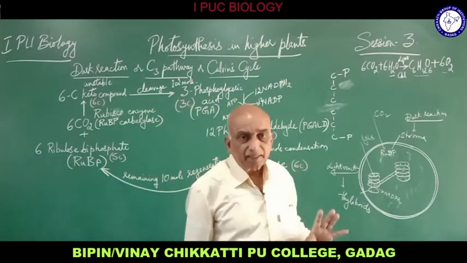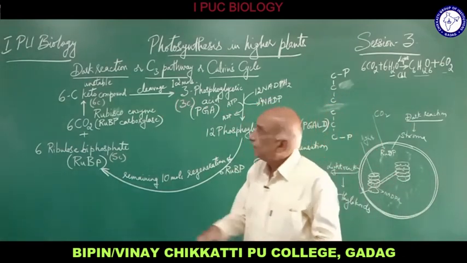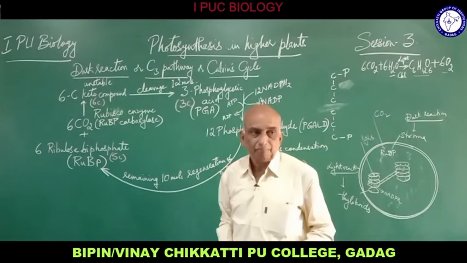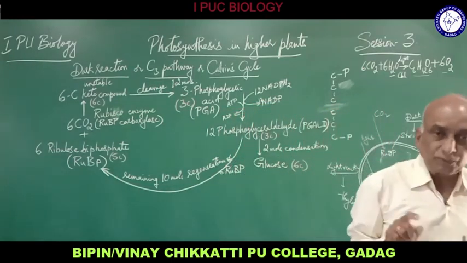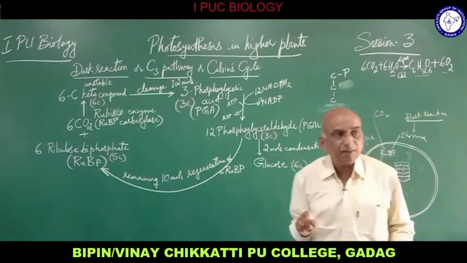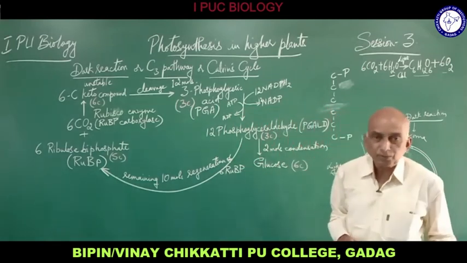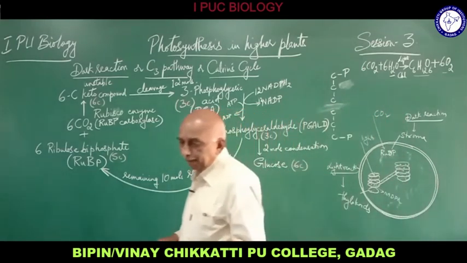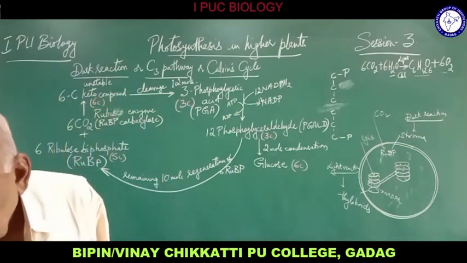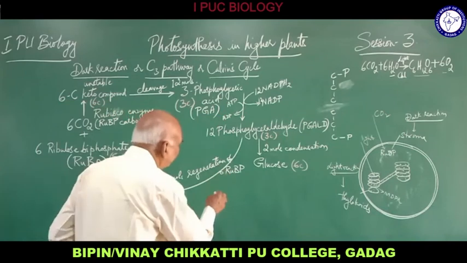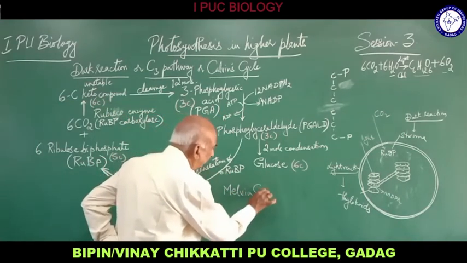The first stable compound formed in this reaction is a 3-carbon compound, hence it is called the C3 pathway. This C3 pathway is so called because the first stable compound is the 3-carbon compound, and it is also called Calvin's cycle. Calvin's cycle is so called because it was explained by a scientist called Melvin Calvin.